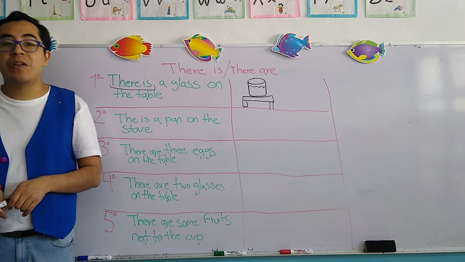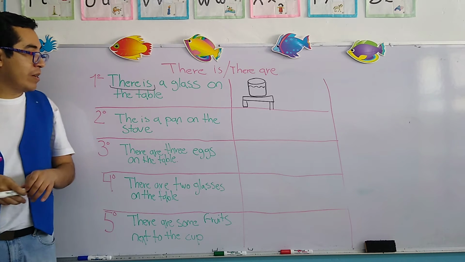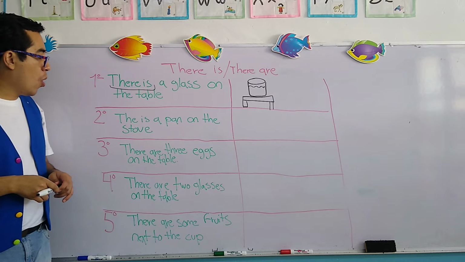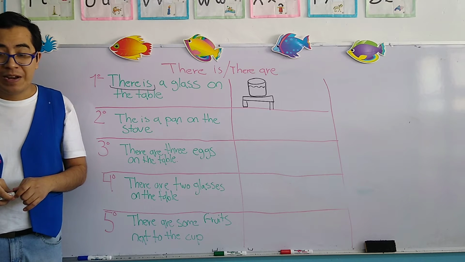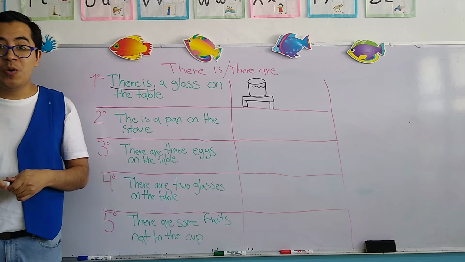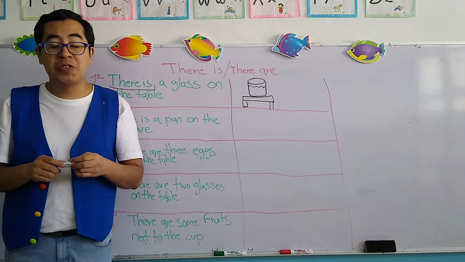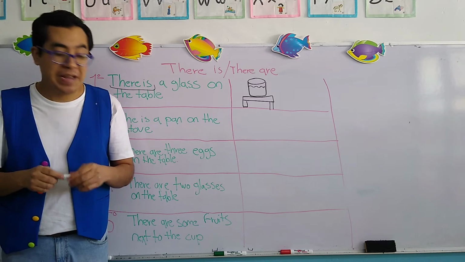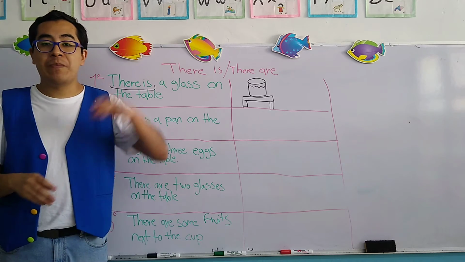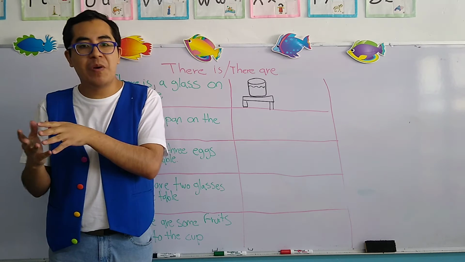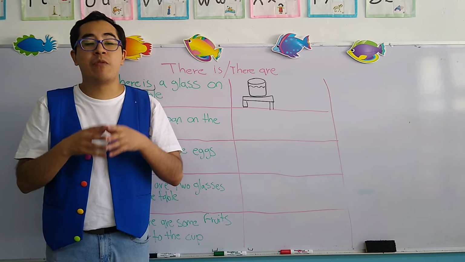Let's continue with number 2. The second sentence says, there is a pan on the stove. Now, these two are new words for you, my children. First of all, the word pan. The word pan is not about Peter Pan. It's not about pan like the pan bimbo, because that is called bread.